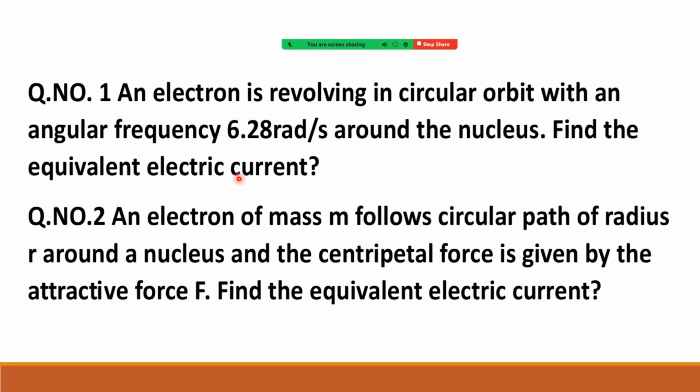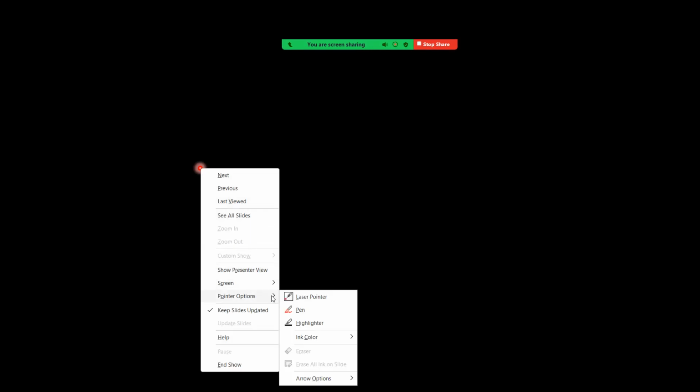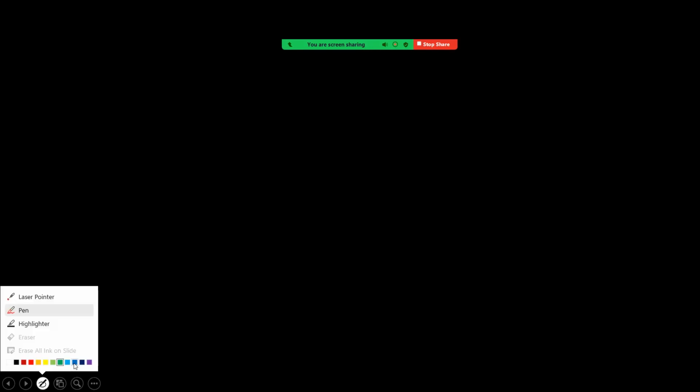It's almost the same kind of question we just discussed, right? We are given 6.28 radian per second, which means omega is given. For a circular path, we have discussed that equivalent current is given by q omega by 2 pi, right?